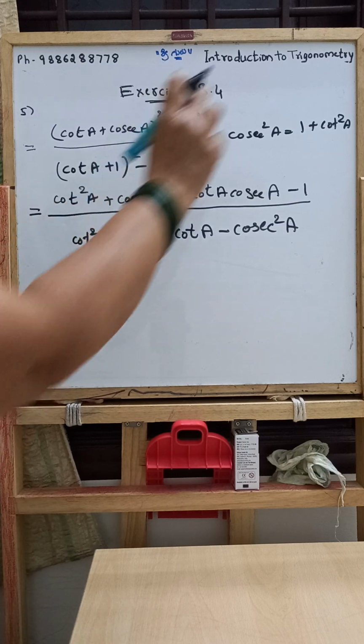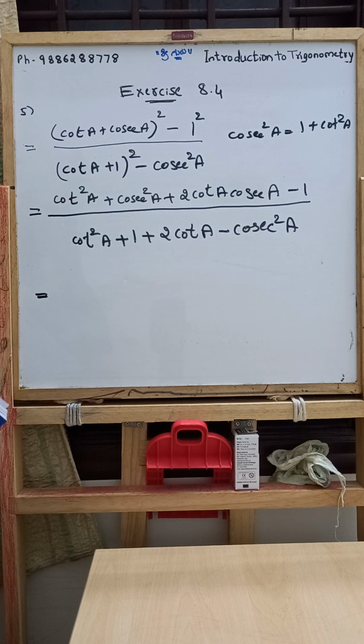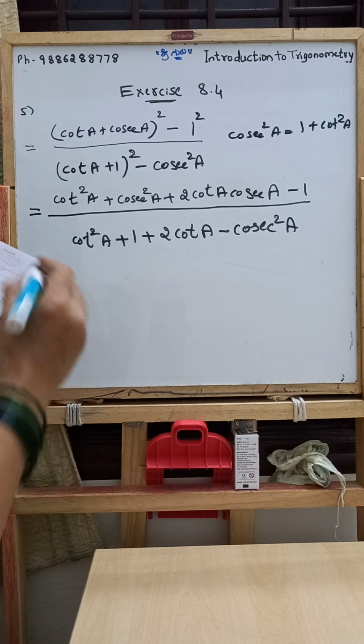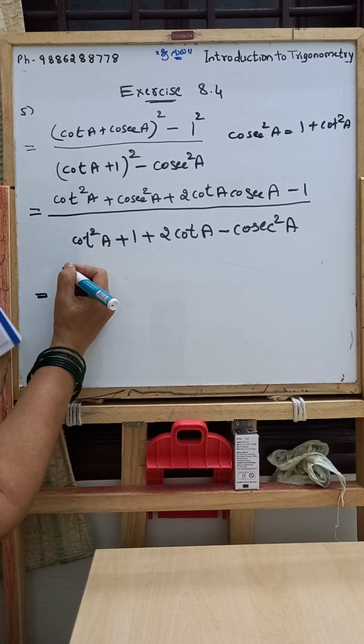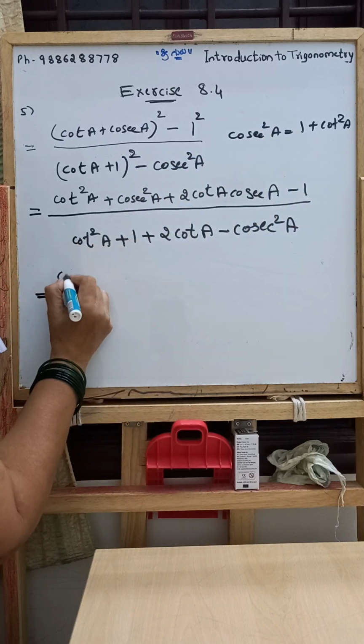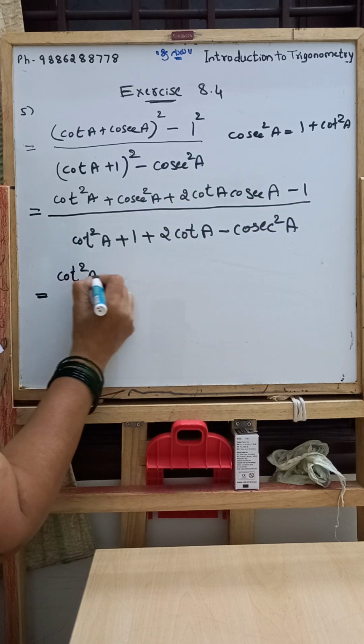Here we use this identity. We write cot square A as it is.